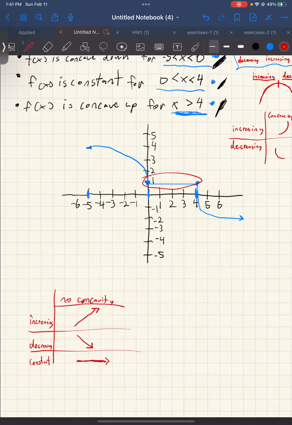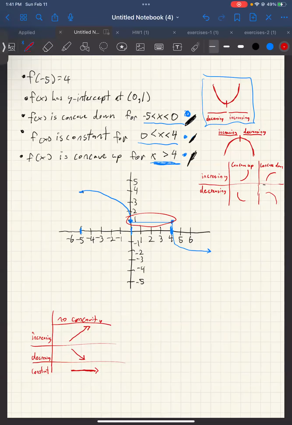But something that might be worth pointing out is, to be constant, there's only one way to be constant. You cannot have any concavity if you're constant. Concavity only exists in increasing or decreasing. So whenever you say you're constant, you know you have to look exactly like this.